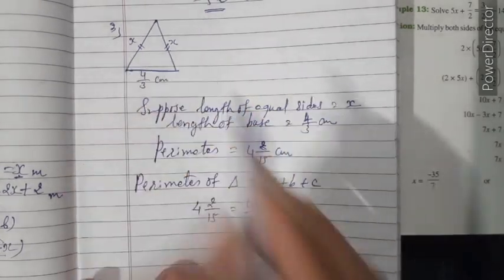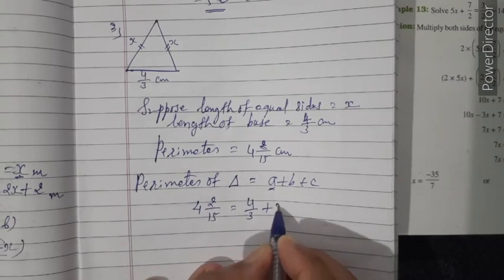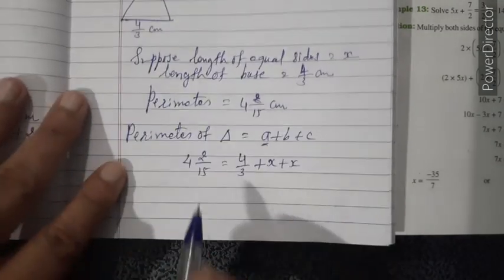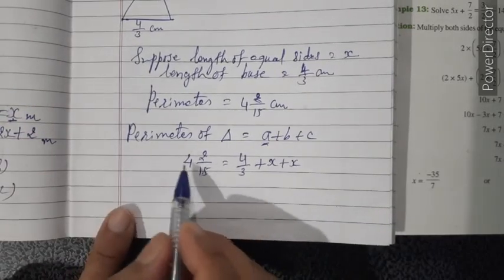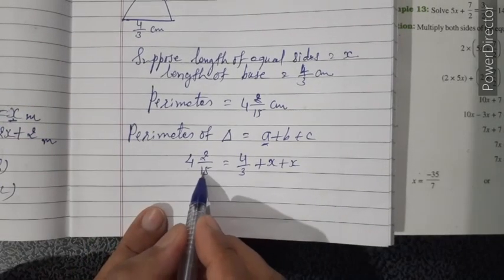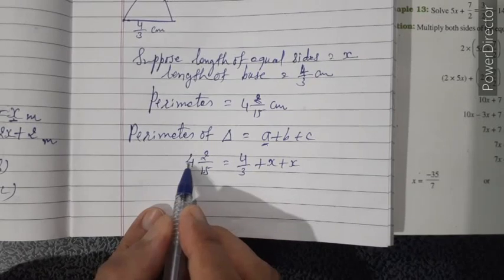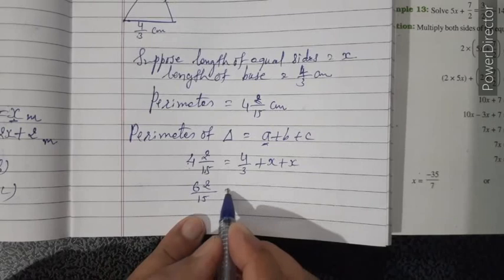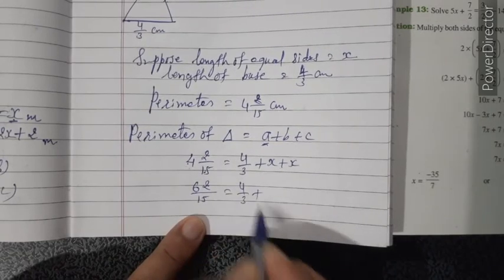These two sides are equal, and the measurement of each is x and x. Okay. Now a mixed fraction is there, convert into improper. 15 4s are 60 plus 2, 62 upon 15 equal to 4/3 plus x plus x, 2x.